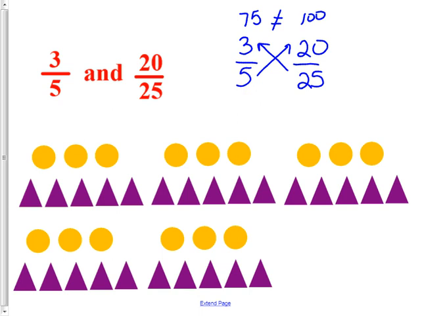Notice that if I had 25 purple triangles, I could only have 15 yellow circles. So a ratio of 3 to 5 is actually equal to a ratio of 15 to 25, not 20 to 25. That's another way to see whether two ratios form a proportion. And no, they don't. They are not proportional to one another.